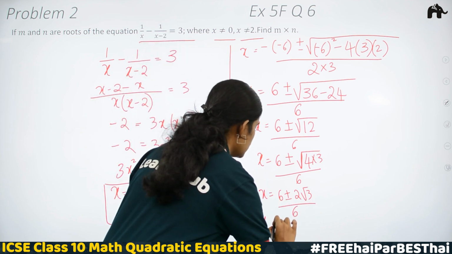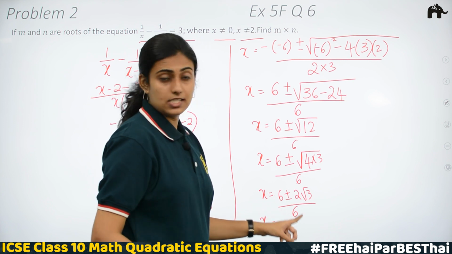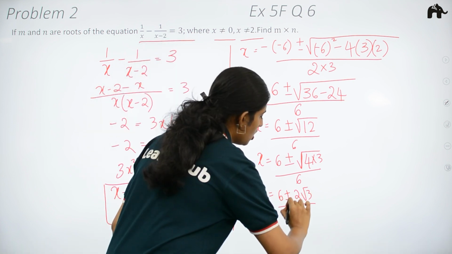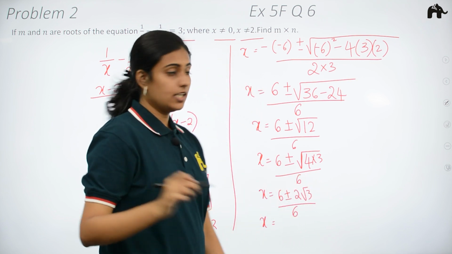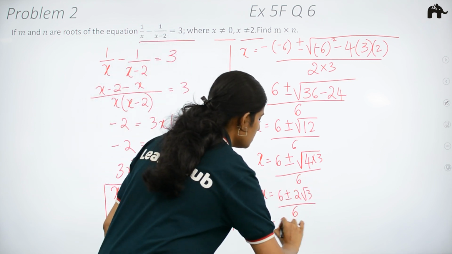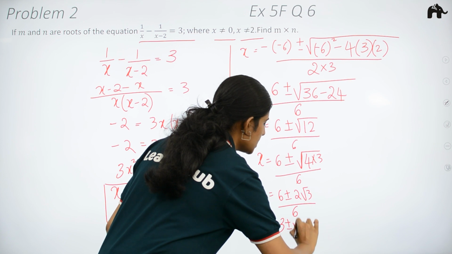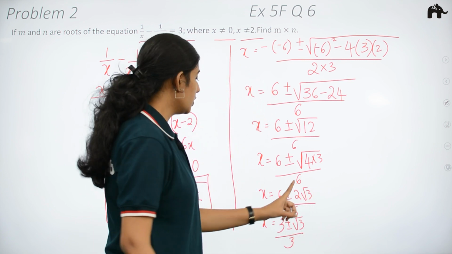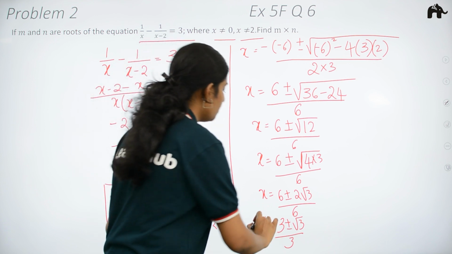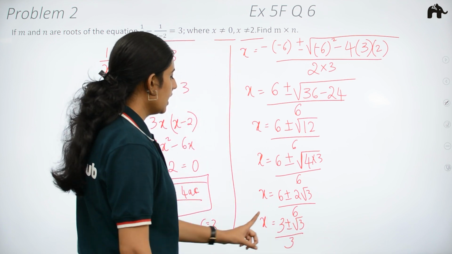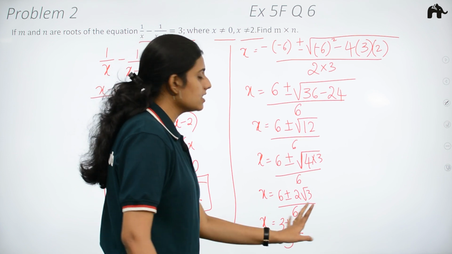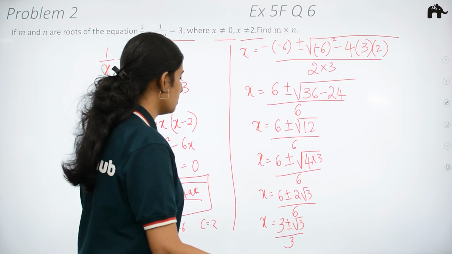Dividing with 6, when you divide, this becomes 3 plus or minus root 3 divided by 3, cancelling with 2. So, the possible values of x are x is equal to (3 plus root 3) by 3 and x is equal to (3 minus root 3) by 3.